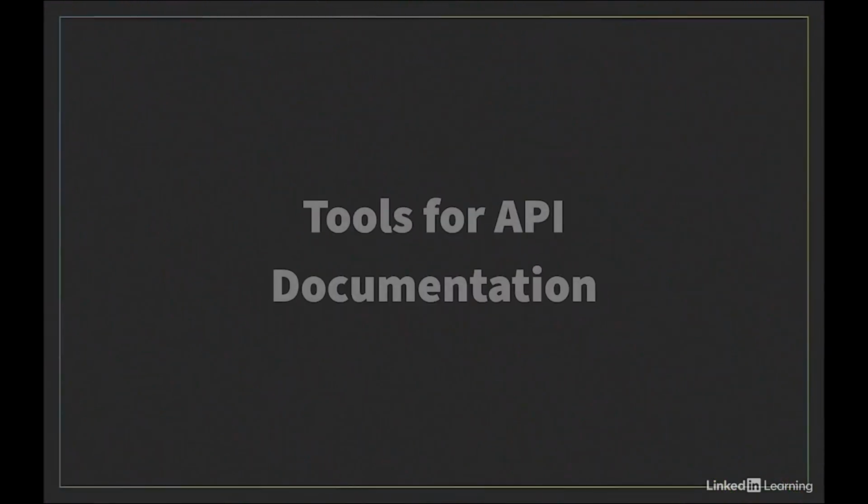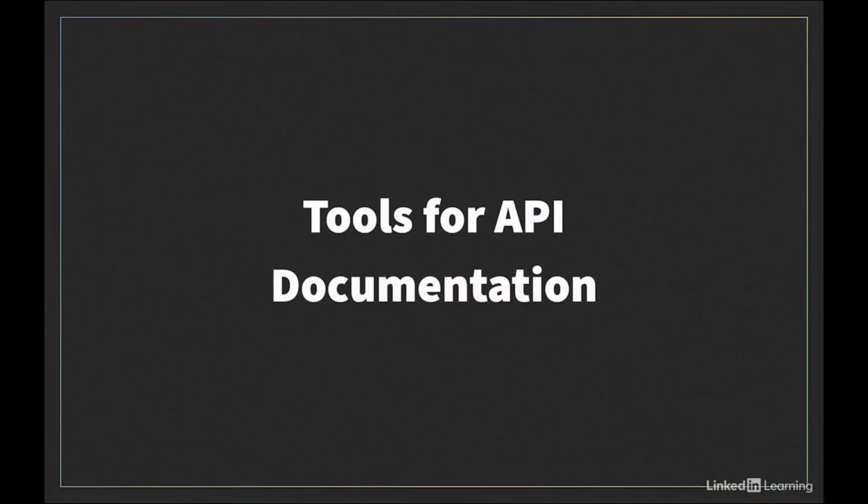Now that we have seen the various components of APIs, let's explore some tools which can be used to create great API documentation. There are many tools available in the market, but I will show some of the most popular tools used by many organizations. The first one is Swagger.